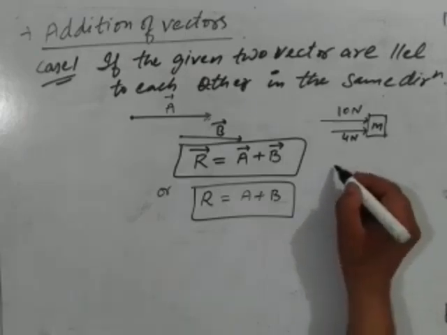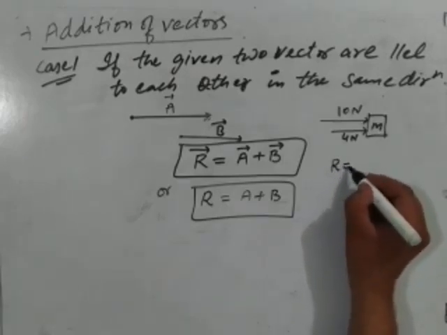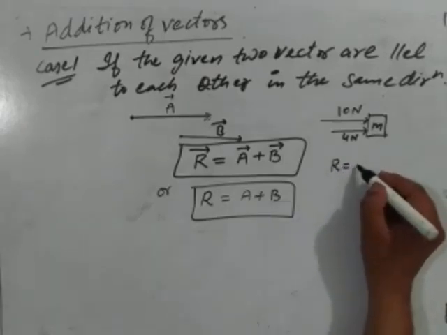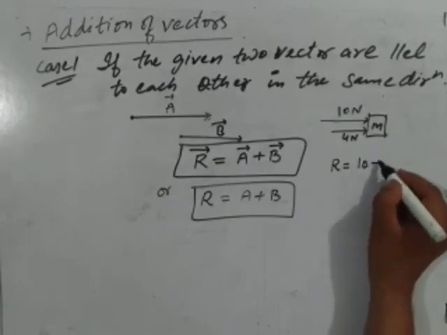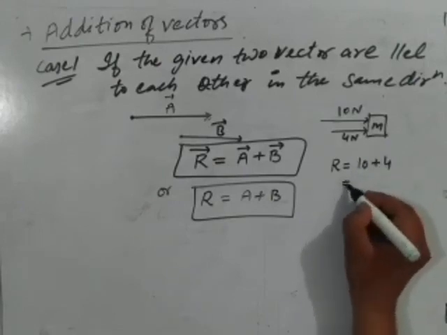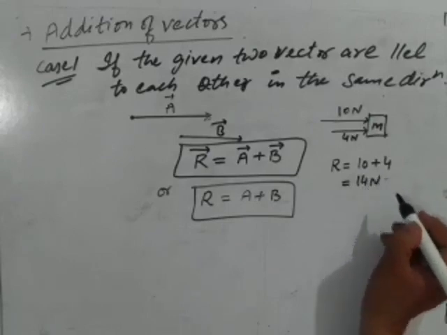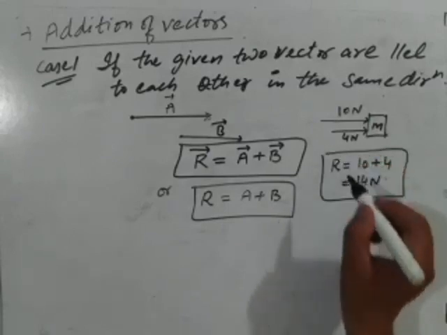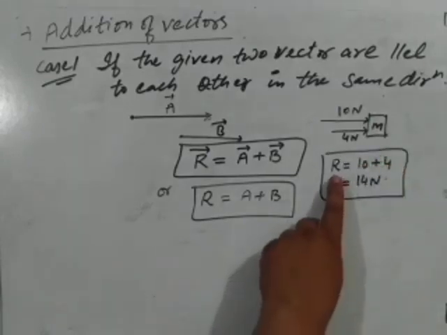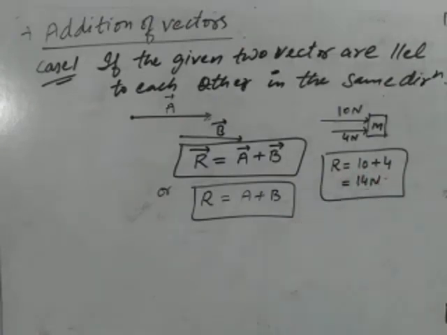That is represented by R equal to 10 plus 4, which becomes 14 Newton. So R is the resultant, which is the sum of the given two vectors, since they are acting in the same direction and parallel to each other.